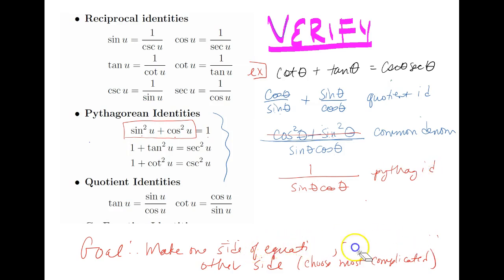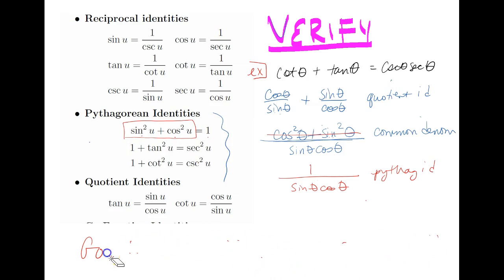So now we are almost done, and I know that you're thinking, well, what we have doesn't look like what's on the right, but guess what? What we have is exactly what is on the right. And the reason for that is because when you have a fraction and everything's multiplied, you can actually view this as 1 over sine times 1 over cosine. And what is 1 over sine?